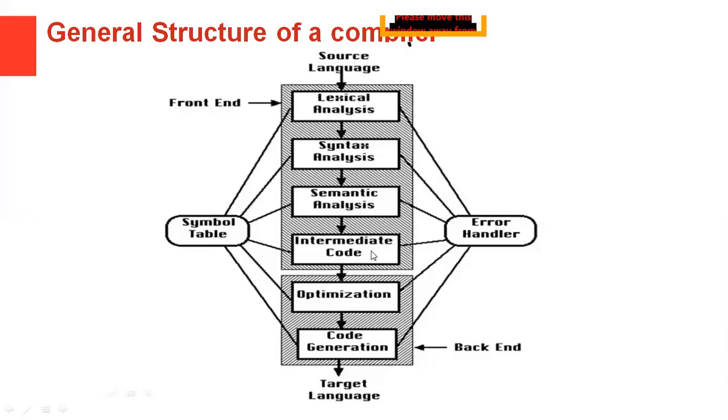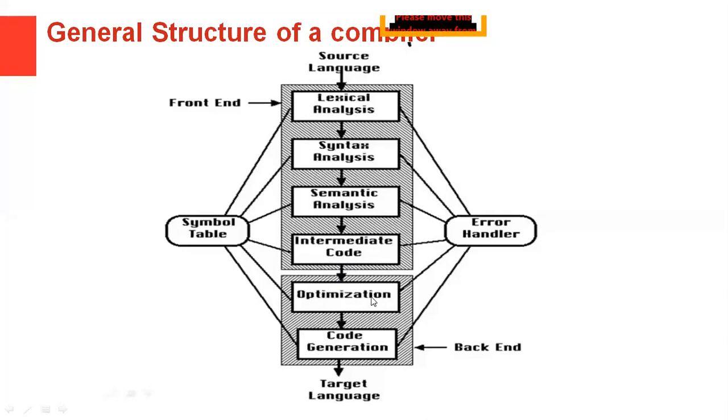If we have any statement with four identifiers, it is four address code. We can convert that four address code into three address code. So that is the intermediate code generation, and the output, the intermediate code, is a three address code. That is given as input to the code optimization.